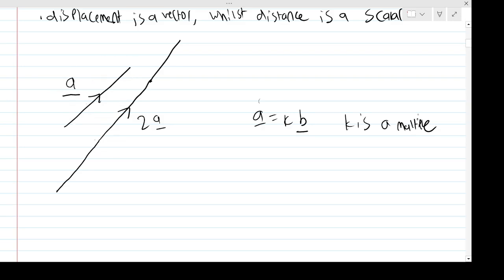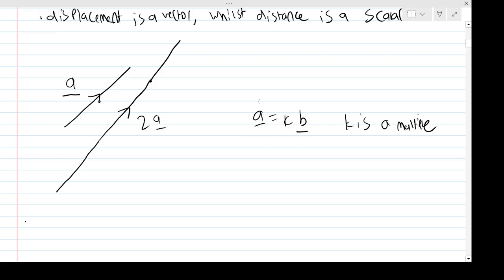But they're still parallel, because it's the same gradient. So two vectors are parallel if they're just multiples of each other. But this multiple only accounts for the length. If I'm doubling the vector, I'm not changing the direction, I'm just extending the line. So I might change the length of a vector, but not the gradient or the direction. And this is what we mean by parallel vectors.